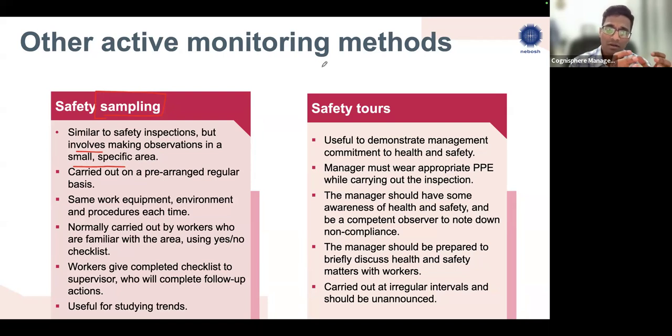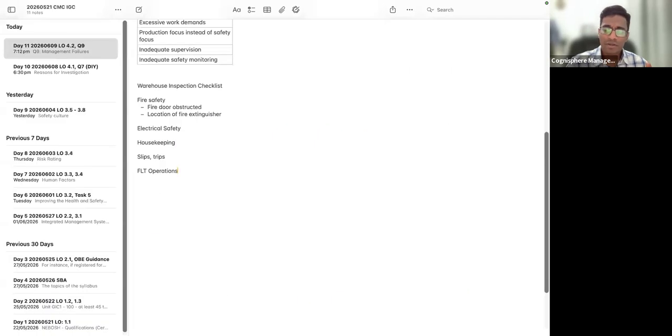But you cannot do only safety sampling. Safety sampling can be used as a supplement to a safety inspection. For instance, if there is an inspection scheduled on day one of every month, then in between two inspections you can schedule a safety sampling, say on day 15 of every month.